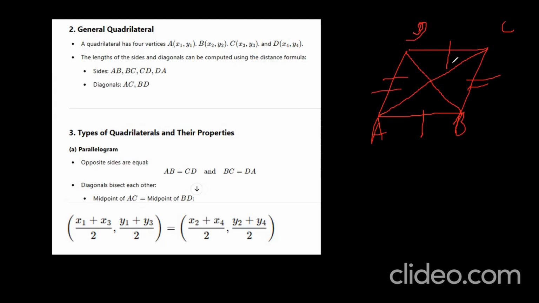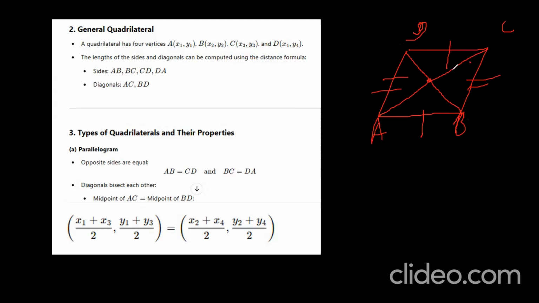And the diagonals bisect each other. The midpoint of AC is equal to the midpoint of BD.